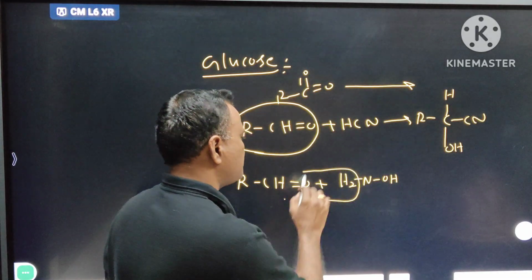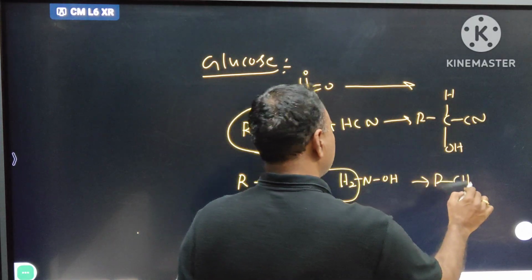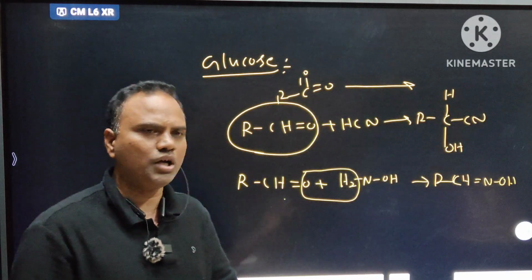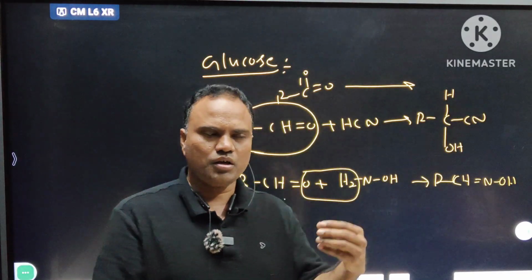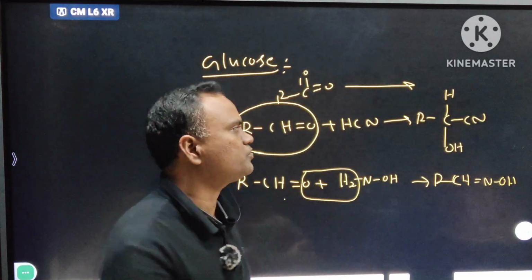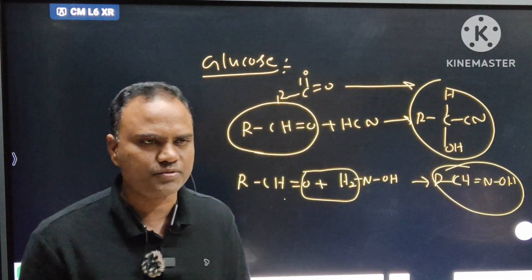Here also, hydroxylamine will give an oxime, RCH=NOH. In any unknown compound, if aldehyde or ketone groups are present, that unknown compound produces cyanohydrin and oximes.